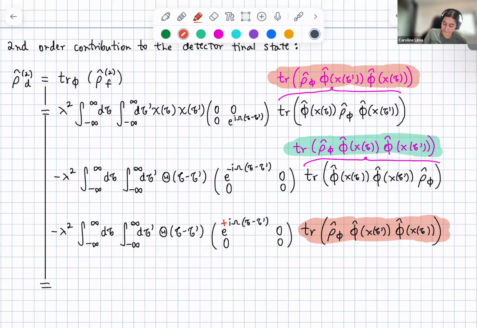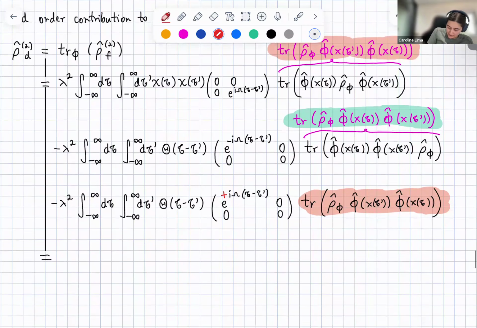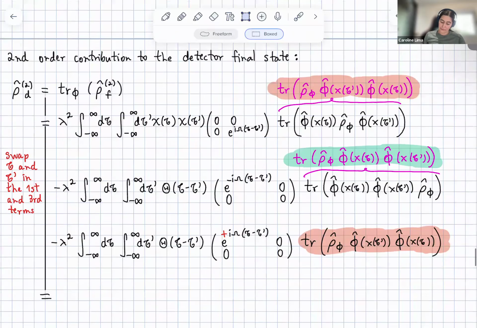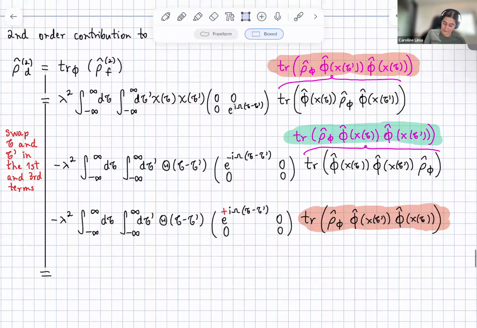So what I'm going to do, and that's basically why I use these Heaviside step functions, is I'm going to swap tau and tau prime in the first and third terms, okay? So the second, I'm just going to keep the way it is. Okay, so let's see what we have now.